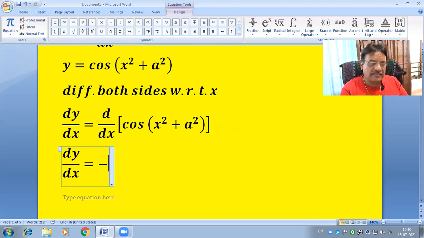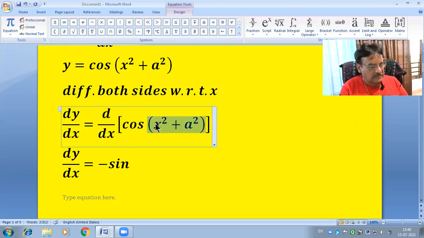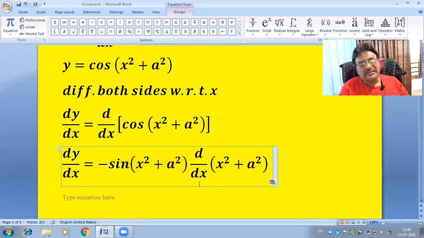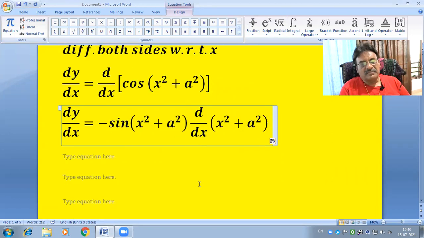So we write minus sin of (x square plus a square) into d by dx of (x square plus a square).